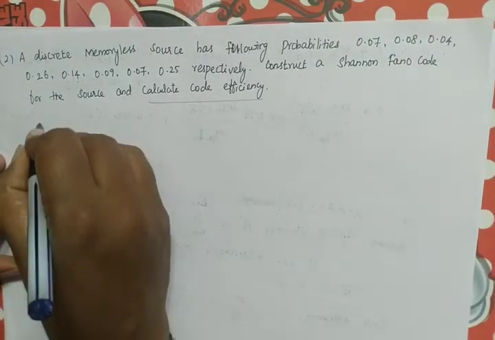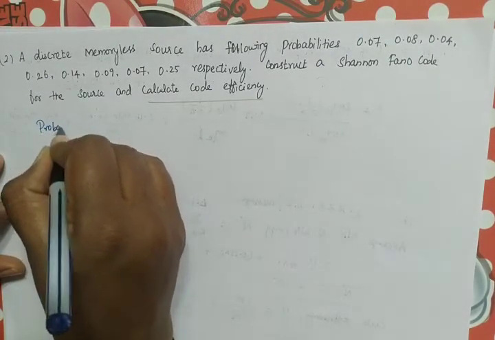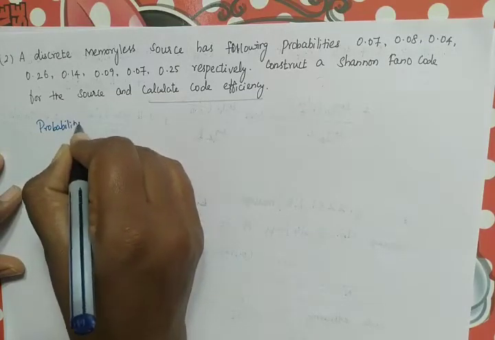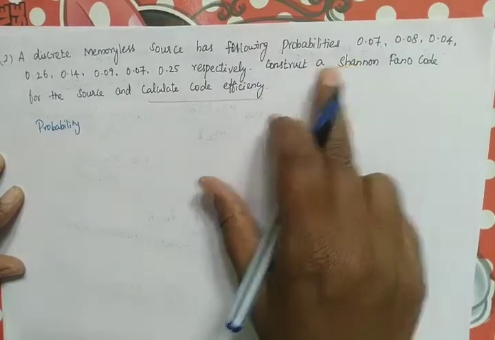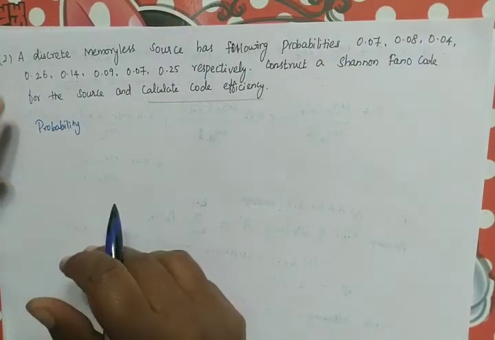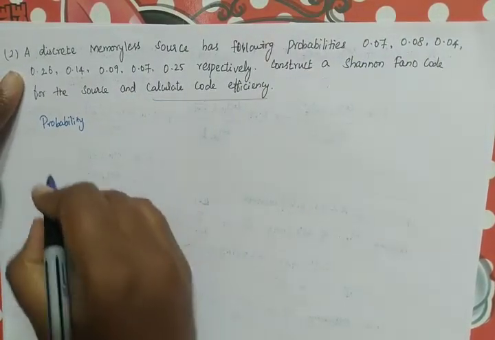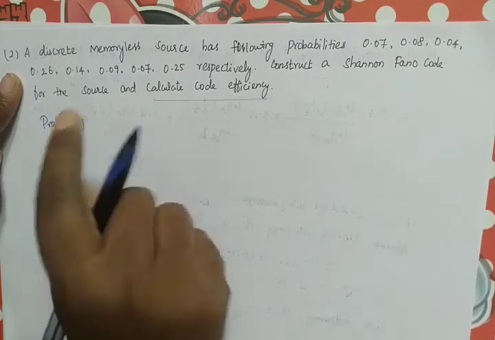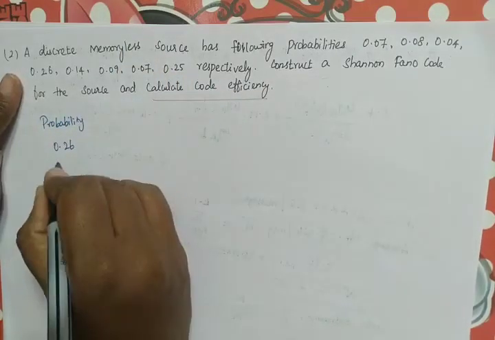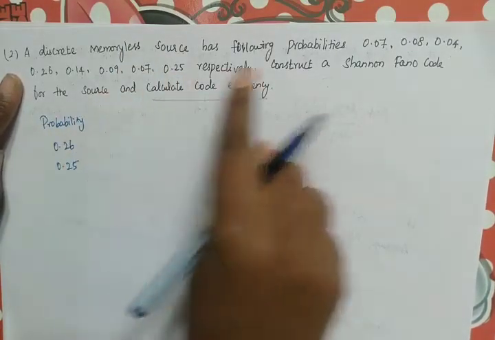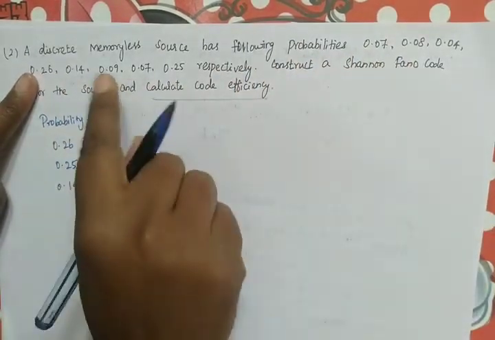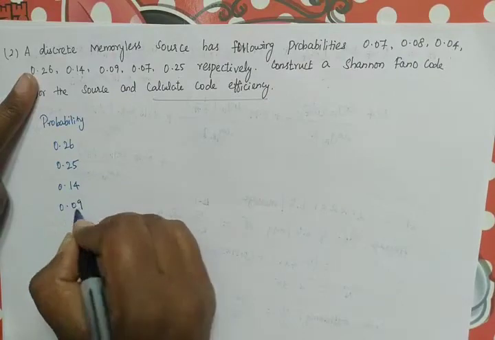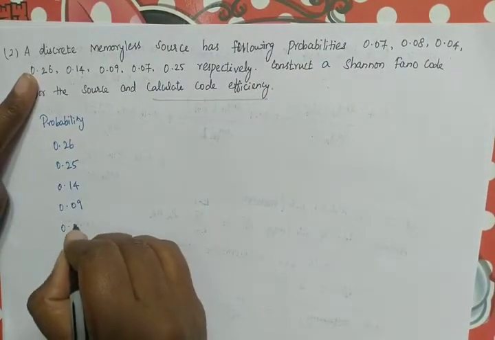So what is the first step? The first step is we have to write the probabilities in the non-increasing order. We can say this is the descending order. Which is the highest number here? That is 0.26. And then the next value is 0.25, then 0.14, then 0.09, and the next value is 0.08.